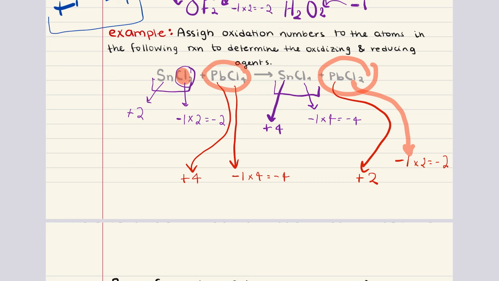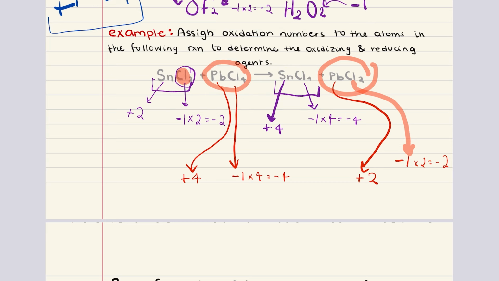Now, the oxidation number of tin goes from +2 to +4. It loses electrons and thus it's oxidized, which makes it the reducing agent. Tin is our reducing agent.